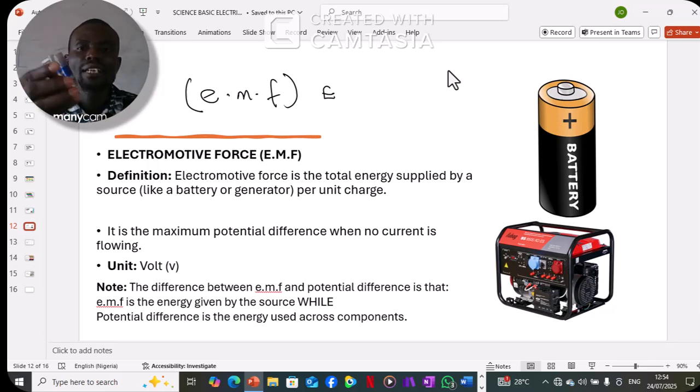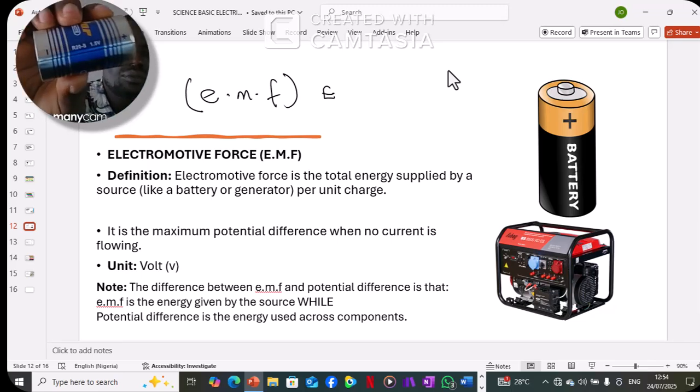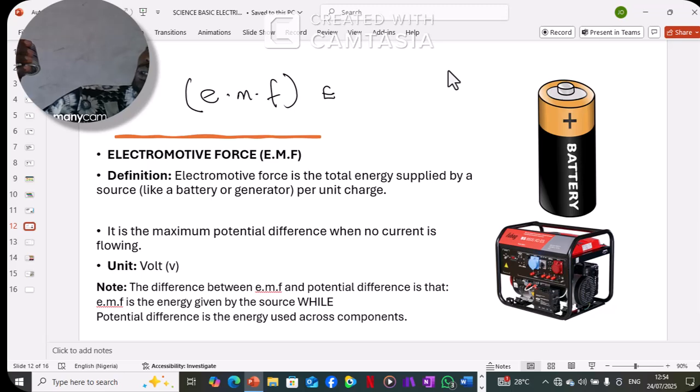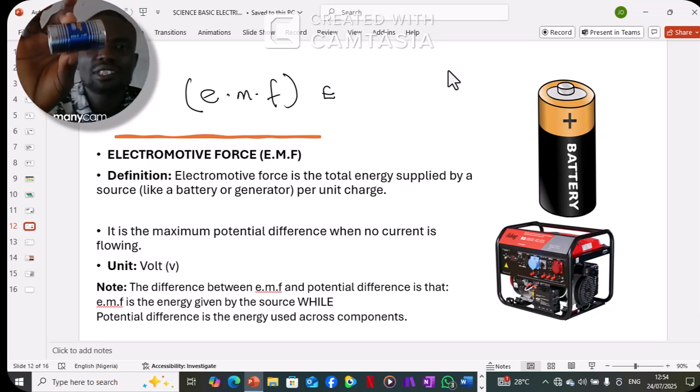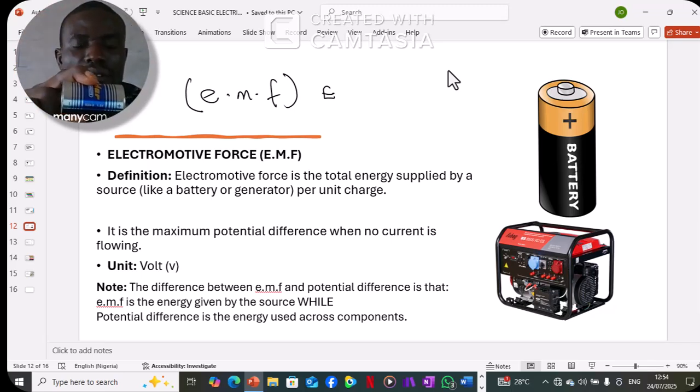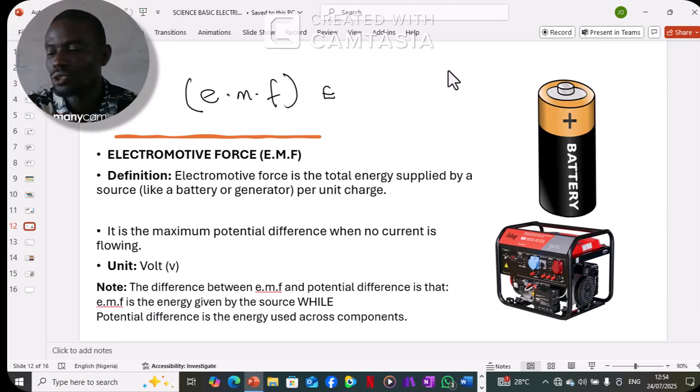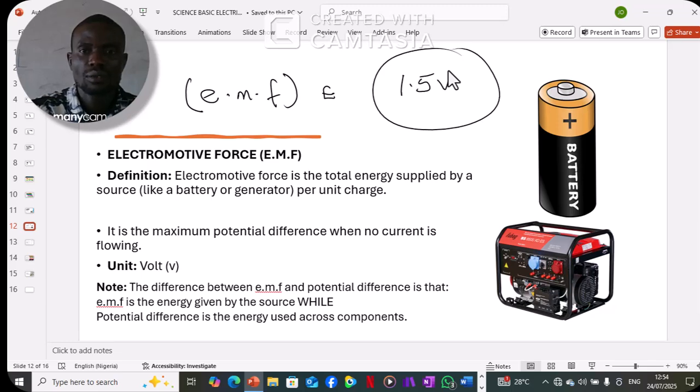Let me look at this battery. On the side of it, they wrote 1.5 volts on this dry cell battery. That's the total energy of a battery when it is not connected. This battery is not connected now.